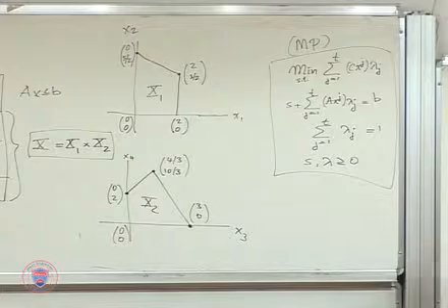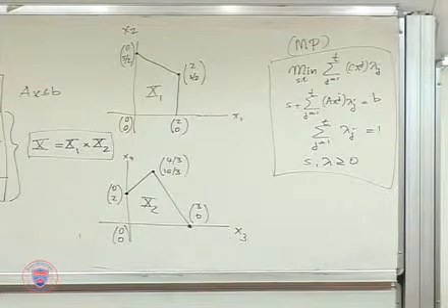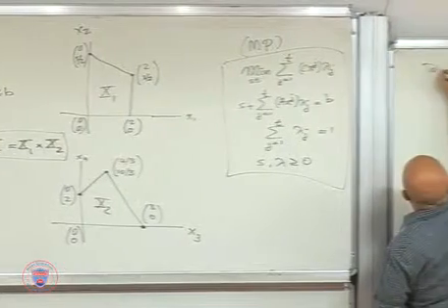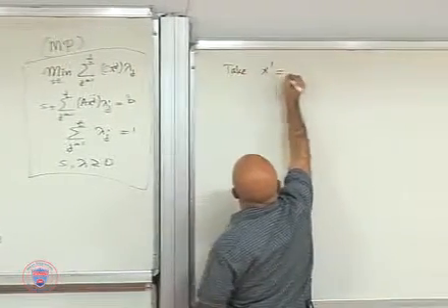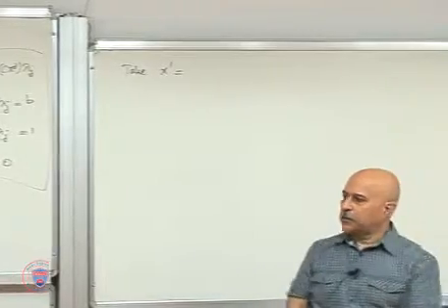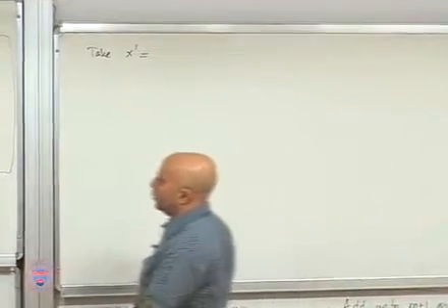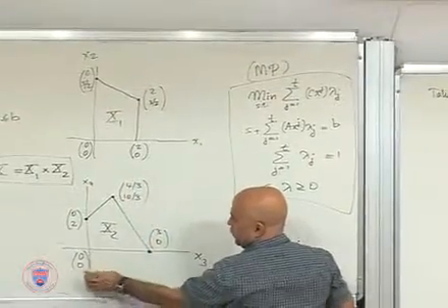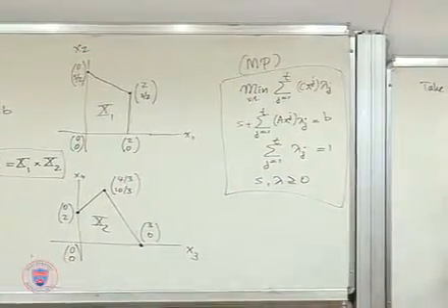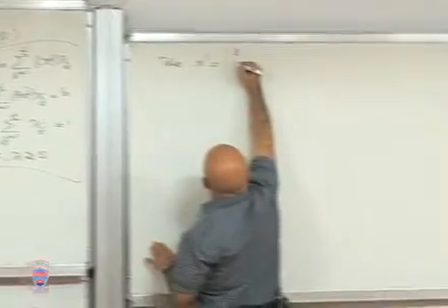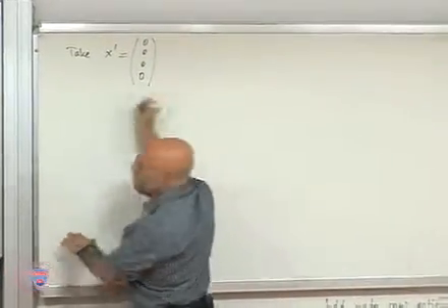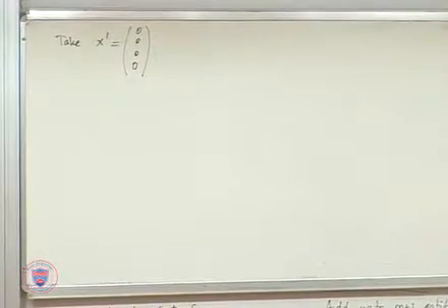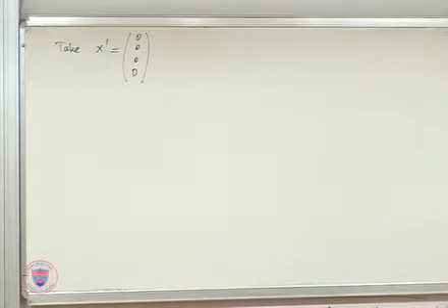So I need a basic feasible solution to start with. In this case, it's easy. If you take x1 to be the extreme point composed of the origin from the first set and the origin from the second one, it's going to have 0, 0, 0, 0. That's your extreme point for the four-dimensional set.